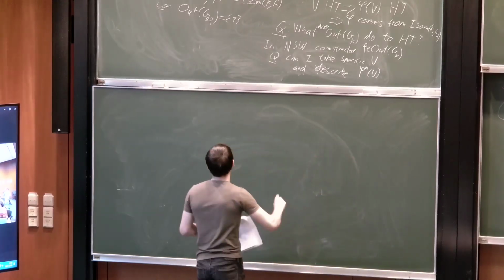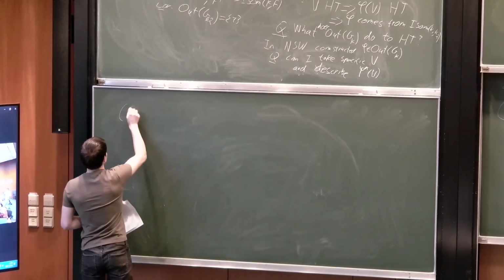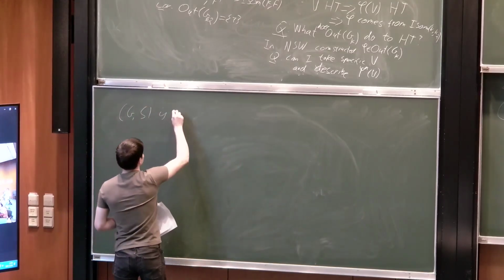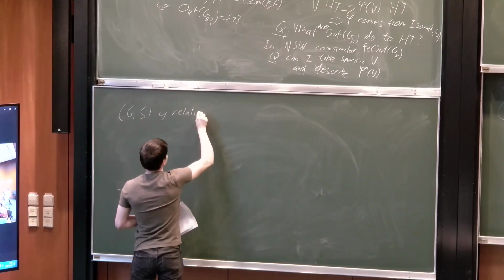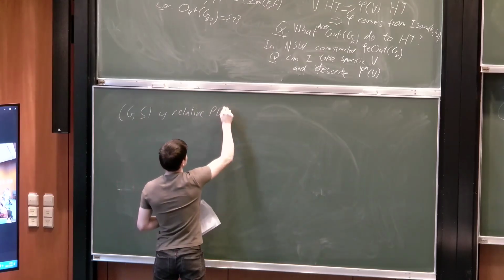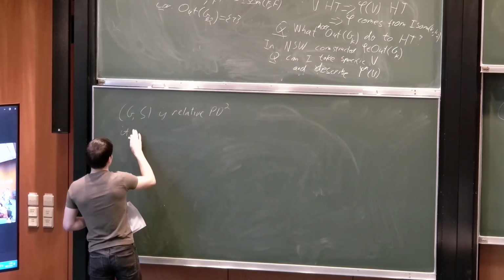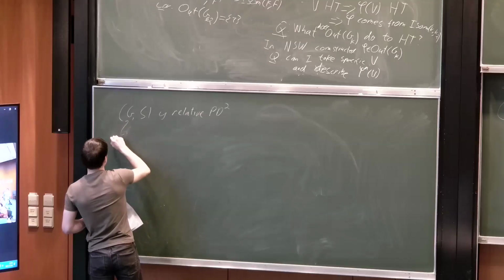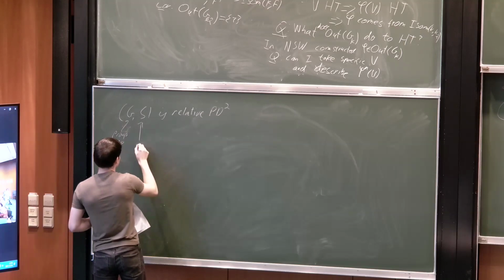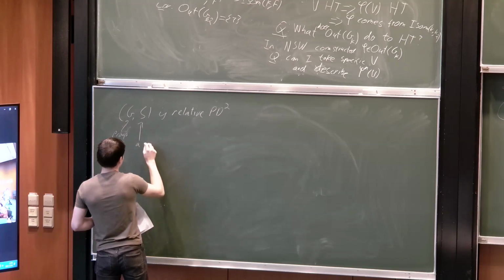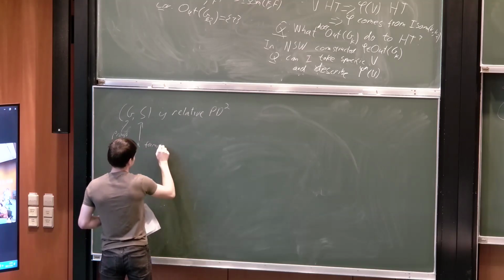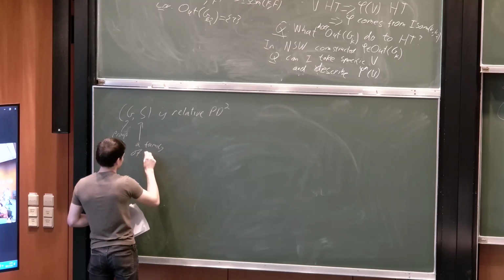And in this setting, G is relative to S, where G is some pro-p group and S is a family of closed subgroups.